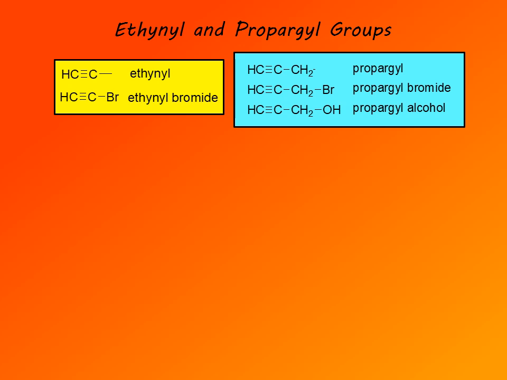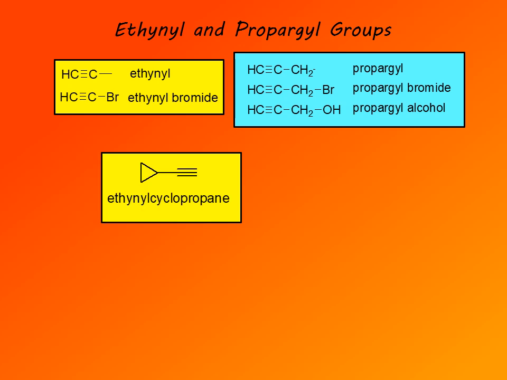The propargyl group is a triple bond separated by one sp3 carbon atom from the rest of the molecule, so CH2CCH. It could be used to name compounds such as propargyl bromide, propargyl alcohol. We have already covered groups that contain a double bond, vinyl and allyl, so now you can see groups that contain a triple bond. So ethynyl corresponds to vinyl, and propargyl to the allyl group.